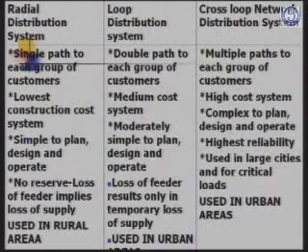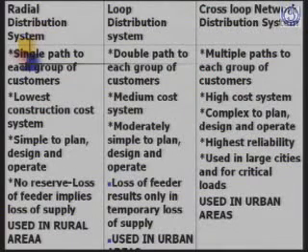So I'll try to show you the differences between a radial distribution system, a loop distribution system, and a cross loop network distribution system. In the radial distribution system, there is a single path to each group of customers. The cost is lowest. It's simple to plan, design, and operate, and usually used in rural areas. In a loop distribution system, there is a double path to each group of customers.